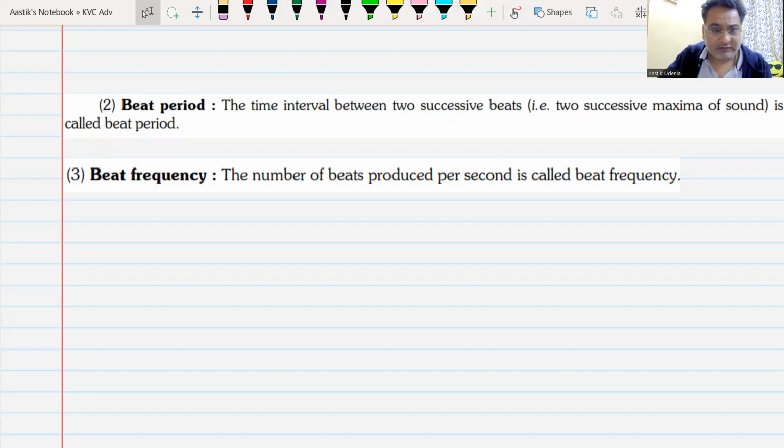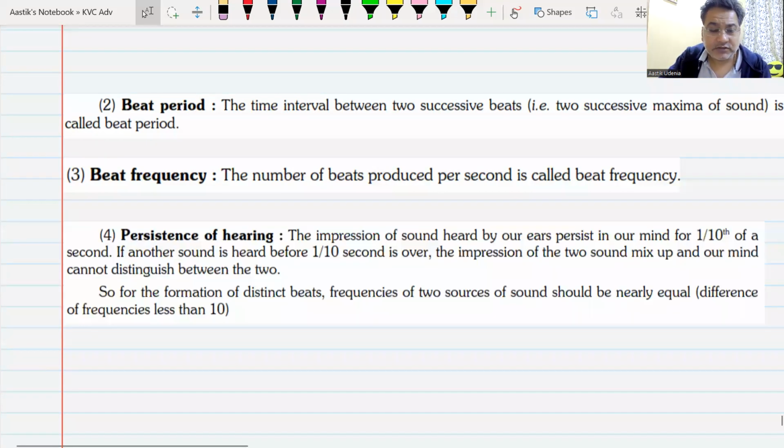Now, to hear beats, you must understand something. You don't have to write the next point; this is just for your understanding. Human beings cannot distinguish two sounds if the time difference between them is less than 1/10 of a second.